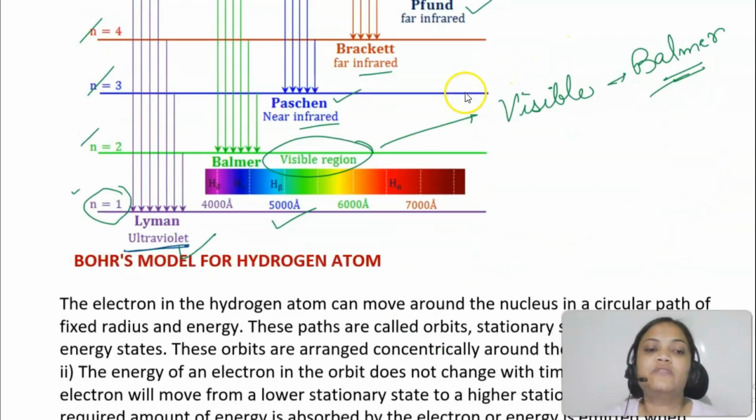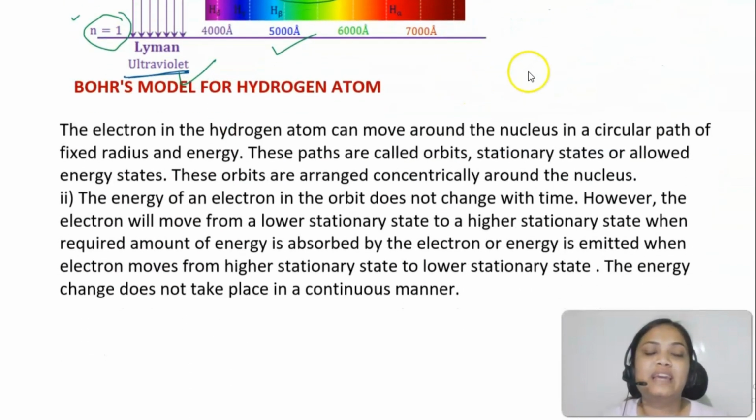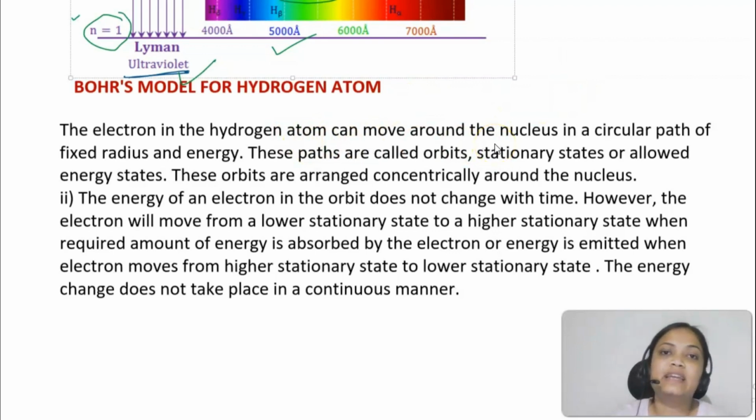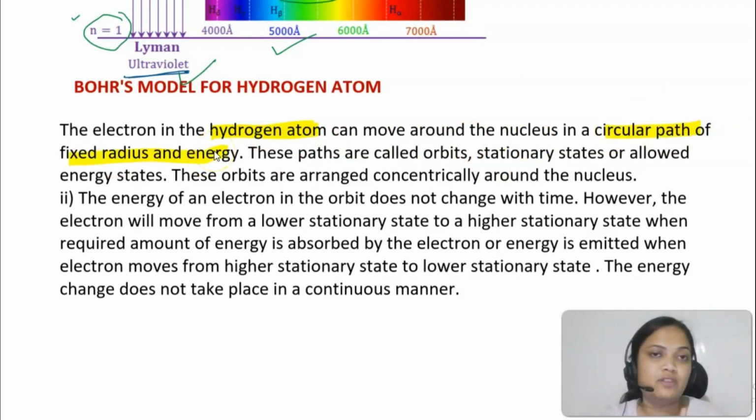So now, students, if I talk about Bohr's model for the hydrogen atom based on this line spectra, Bohr gave the model for the hydrogen atom. He said that the electrons present in the hydrogen atom can move around the nucleus in circular paths of fixed radius and energy. So remember Rutherford's model, he said that the electrons revolve in circular paths, but he did not talk about the radius or energy.